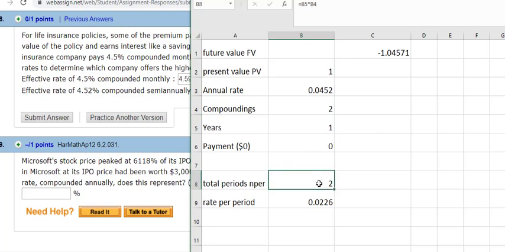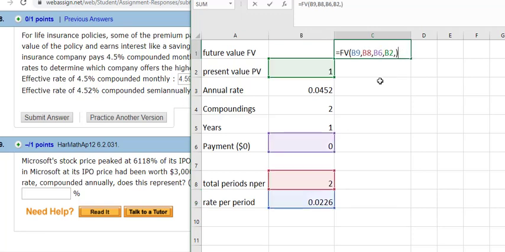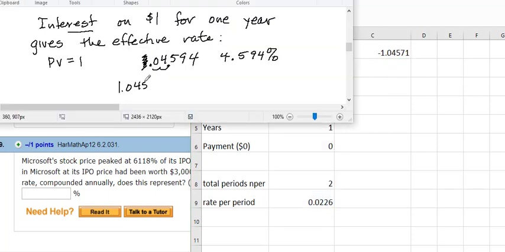Total number of periods is now 2, and it took my interest rate and cut it into 2 equal pieces. There's my effective rate. 1.04571. I want the interest only, so take off the dollar and then move the decimal 2 places. That's 4.571.